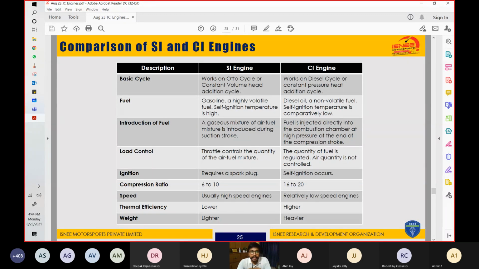So the SI engine cycle is the Otto cycle or constant volume heat addition cycle. This is heat, not head. The compression ignition or CI engine works on the diesel cycle or constant pressure heat addition cycle.